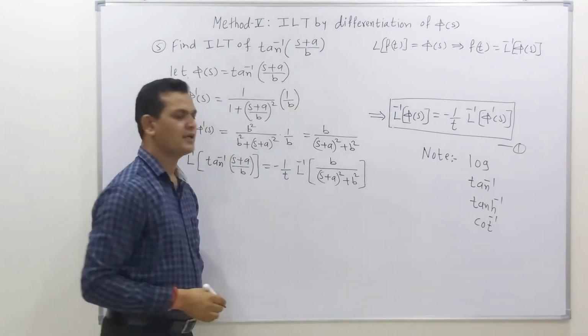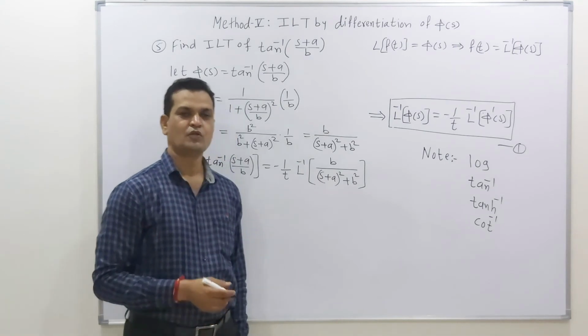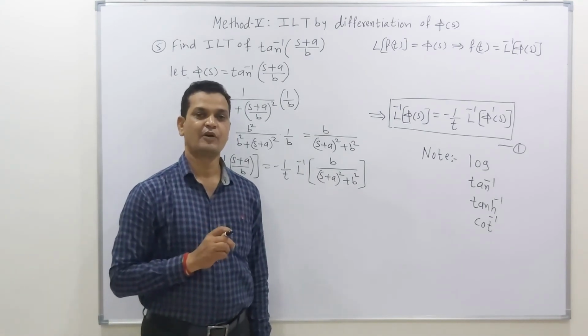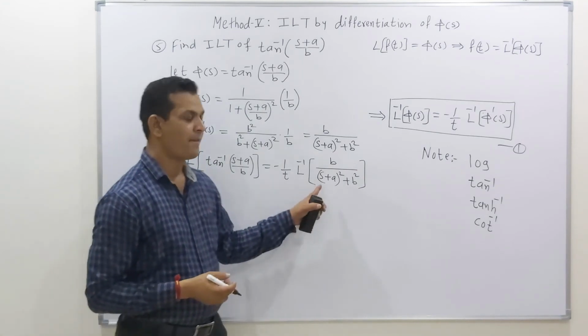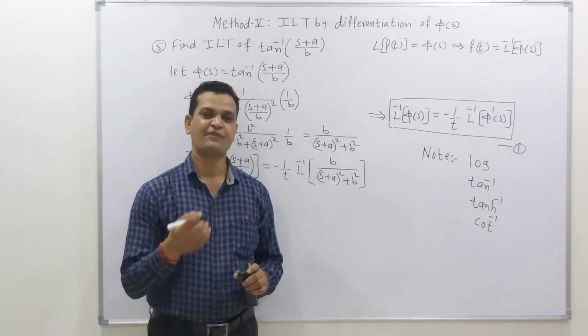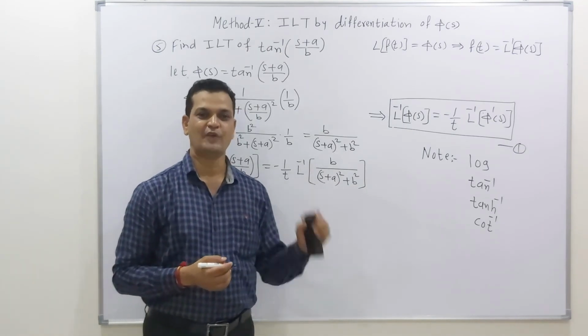Now friends, observe that here constant a is added to the parameter s. So we use the concept of the second shifting theorem for inverse Laplace transformation. For more detail about it, please watch our previous video.